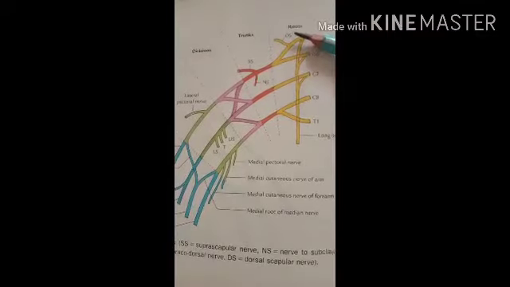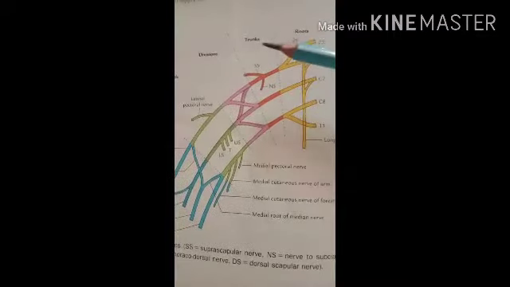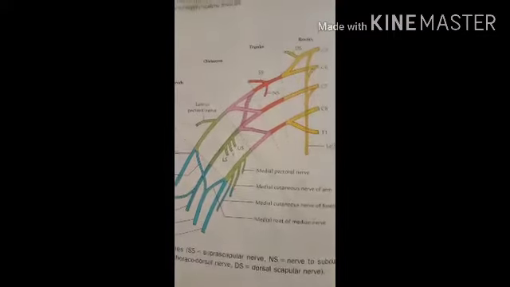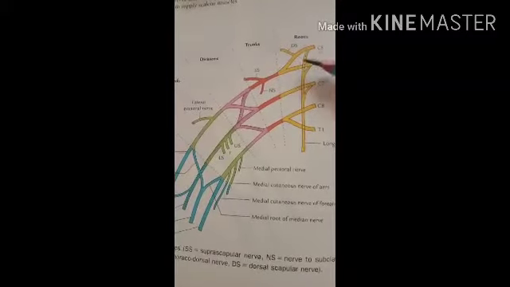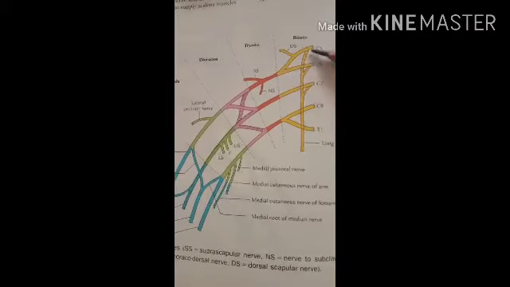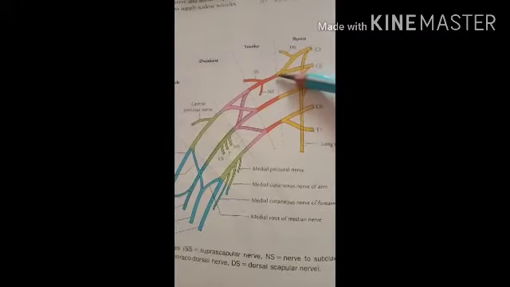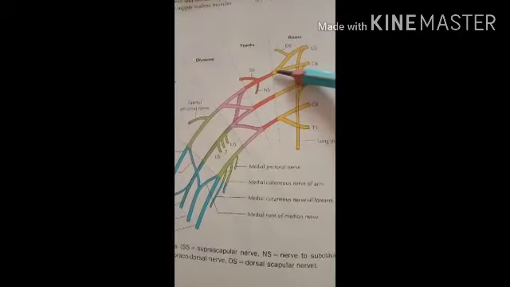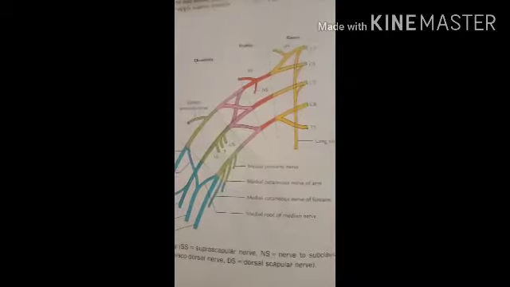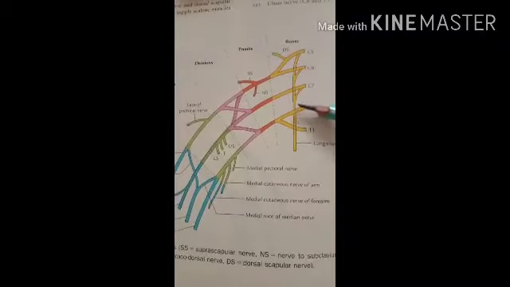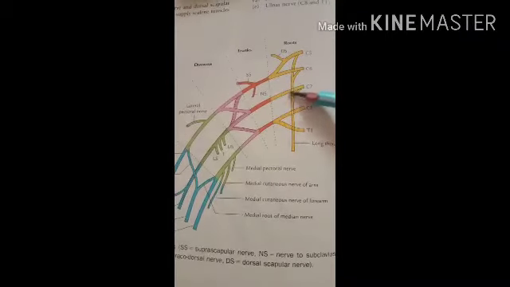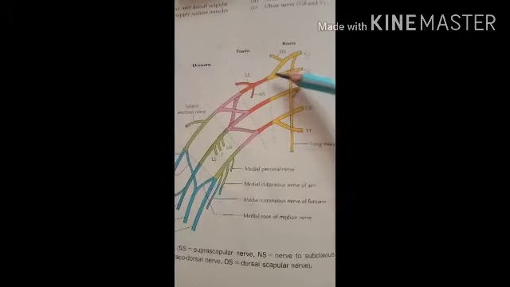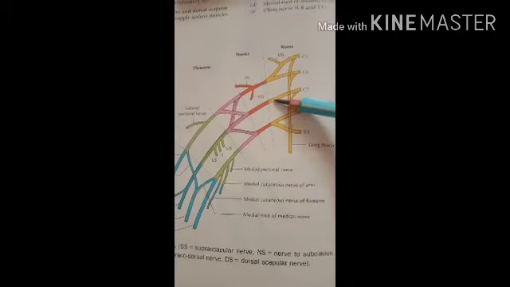After the roots come the trunks. The roots of C5 and C6 join to form the upper trunk, which you can see here in yellow. Then C7 forms the middle trunk.